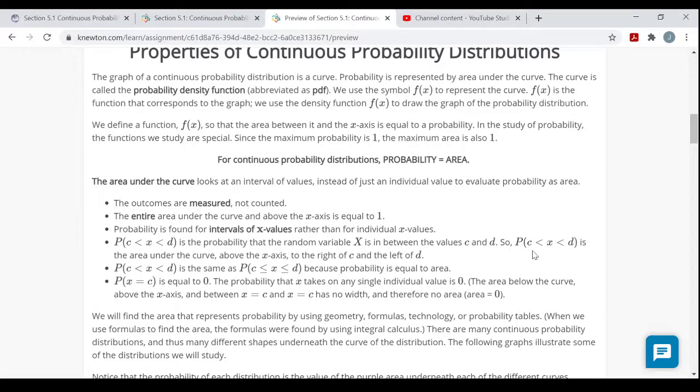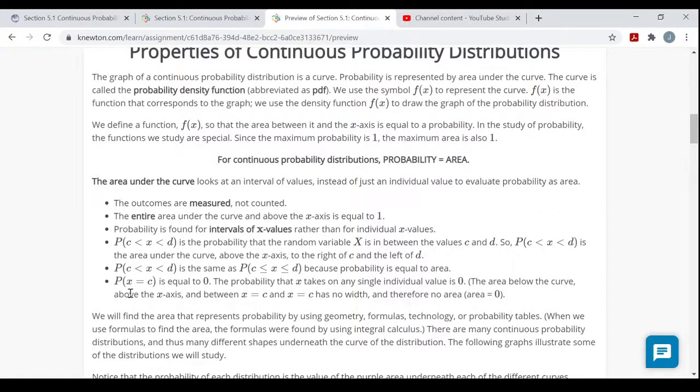So this probability that x is between c and d is the area under the curve above the x-axis to the right of c and left of d, so that you're between c and d on the x-axis. The probability that x is between c and d without c and d is the same as if you include c and d, because probability is equal to area. Adding two individual values, adding c and d to the interval, doesn't affect the area, as we'll see later.